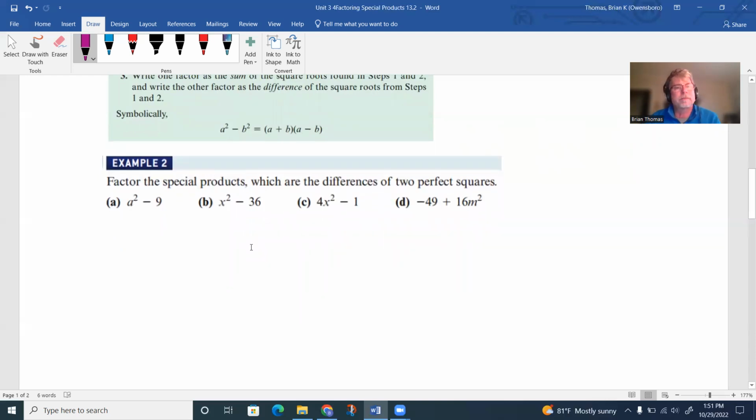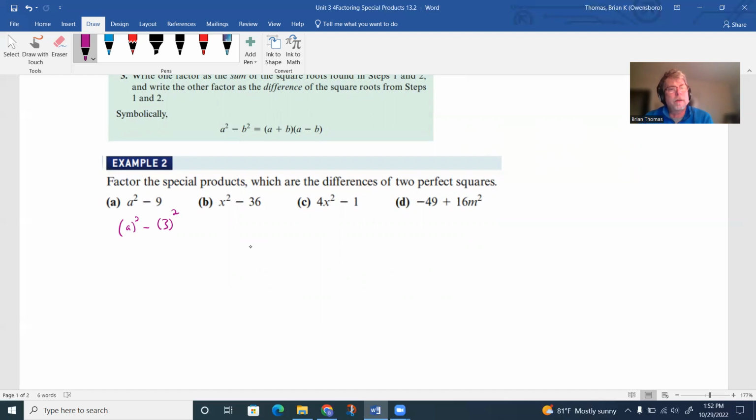So if I want to factor x squared minus 9, notice how I can write the first term as a power of 2. I can write the last term as 3 to the power of 2, I should say. Notice how that's a difference of squares.